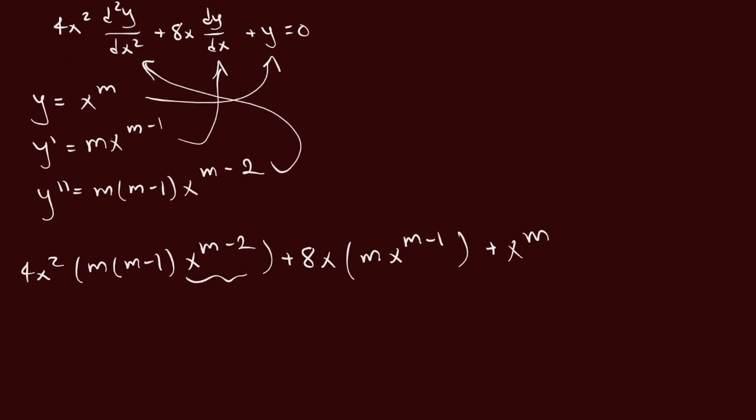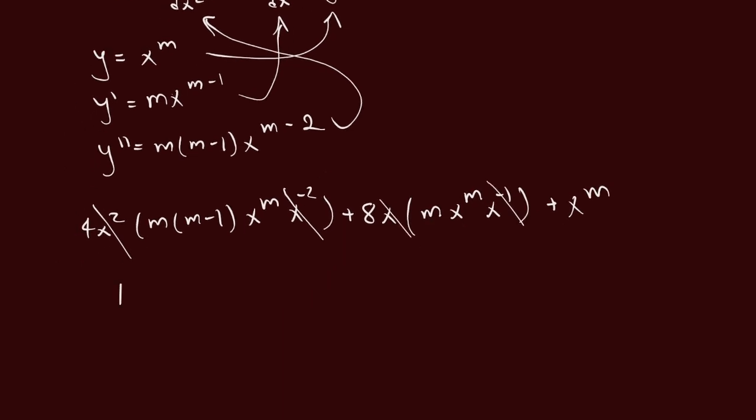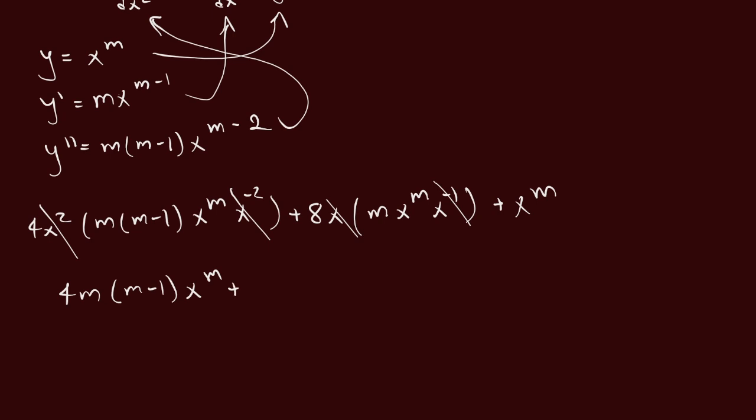So look at this. We can rewrite this as x to the power of minus 2, and this as x to the power of minus 1. This and this cancel each other out. This and this cancel each other out. So we have 4 m times m minus 1 x to the power of m plus 8m x to the power of m plus x to the power of m equals 0.